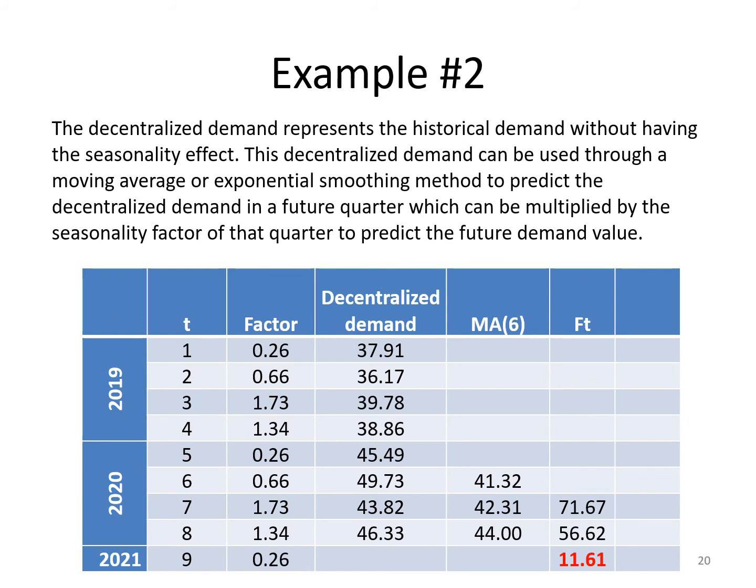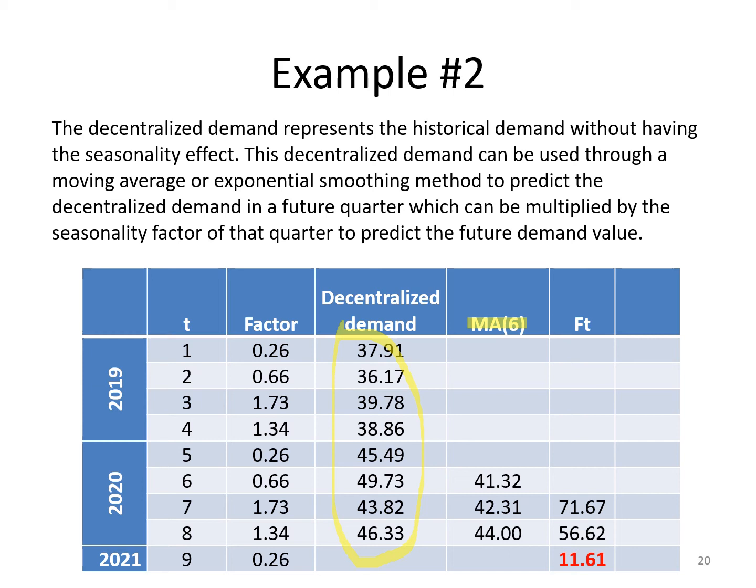In this example, based on the decentralized demand values, we are going to apply the moving average method with 6 periods. I'm specifically using 6 periods in order to highlight the generality of the models that you can apply to the decentralized demand.